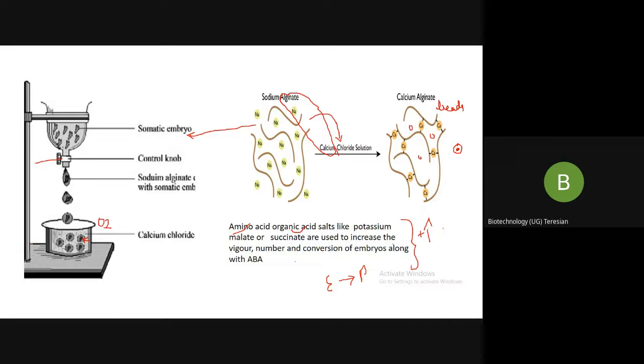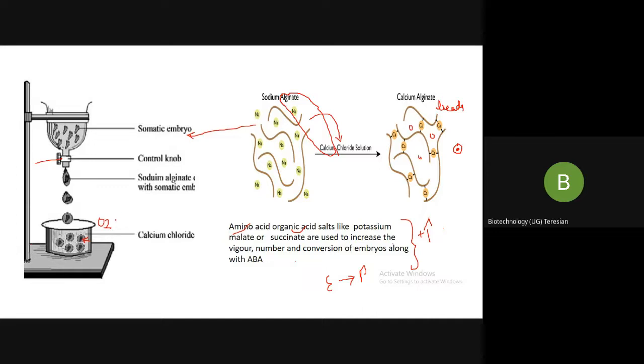So once again, I shall repeat. There is no easy movement of the oxygen into the calcium alginate beads which are formed. Inside the beads, the embryo is there. So I should supply oxygen, which has become a limiting factor. So what will I do? I will try to put it into a fermenter so that I can sparge it with oxygen. For example, I can use hydrocarbons in the media to improve the oxygen transfer capacity.